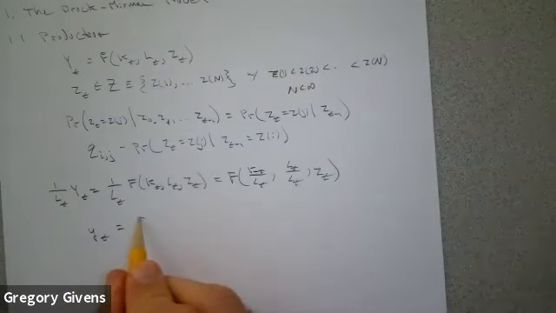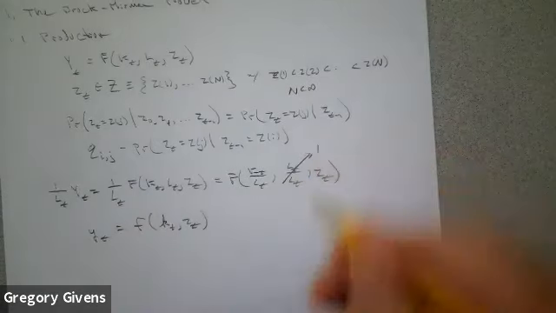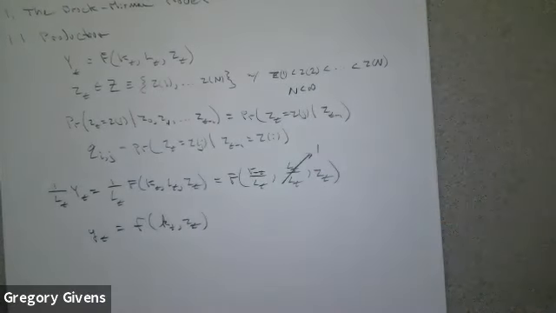So that's equal to F of little k and Z, since L over L just goes to 1. So output per worker in the Brock Mirman model can be written as a function of capital per worker along with the productivity shock. So a change in the productivity shock changes the relationship between capital per worker and output per worker.